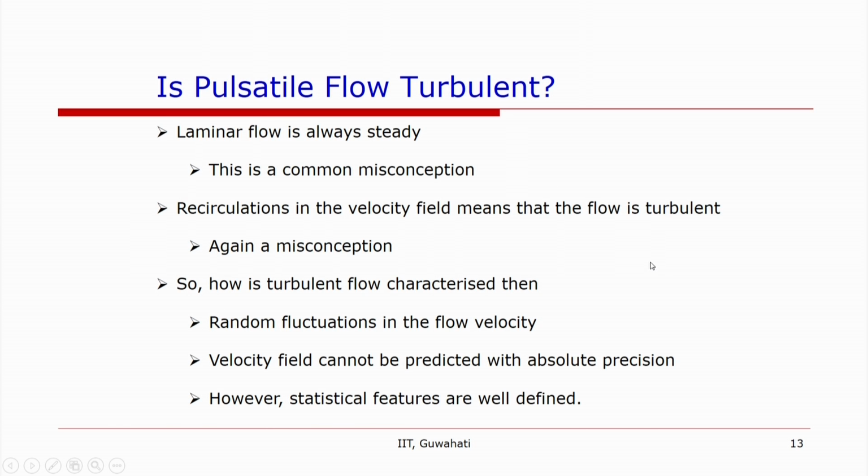So another question that we might come across is that many students have this perception that if the flow is transient or time dependent, then is it laminar or not, or does being time dependent directly mean that the flow is turbulent?